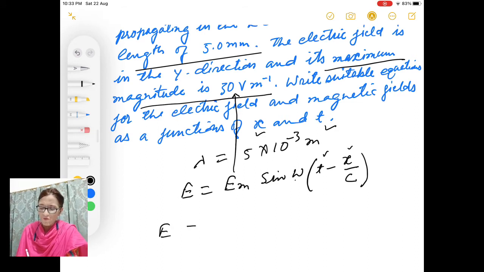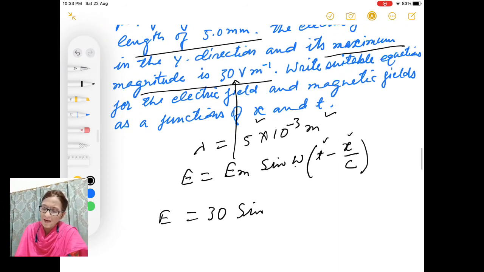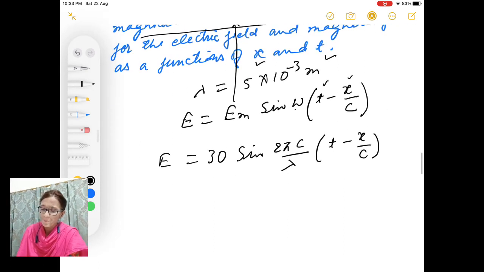So equation of electric field is equal to 30 sine, and in place of omega we will be writing 2 pi n, and in place of n you will be writing c upon lambda, because c is equal to n lambda, and here you have t minus x by c. So let us simplify it.